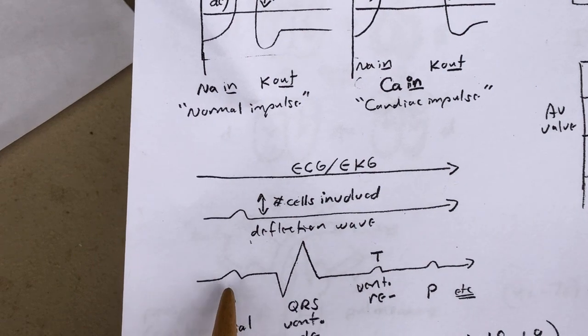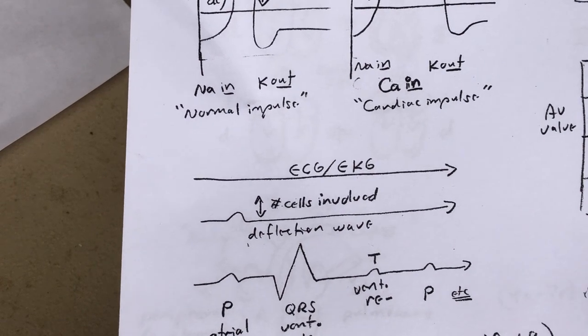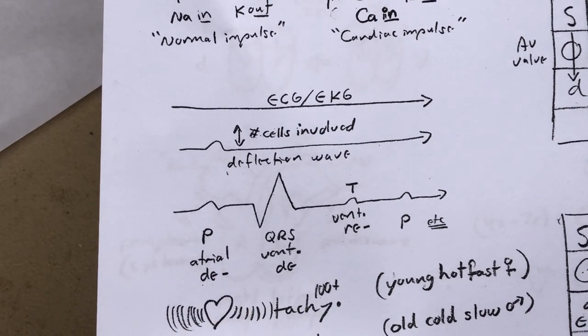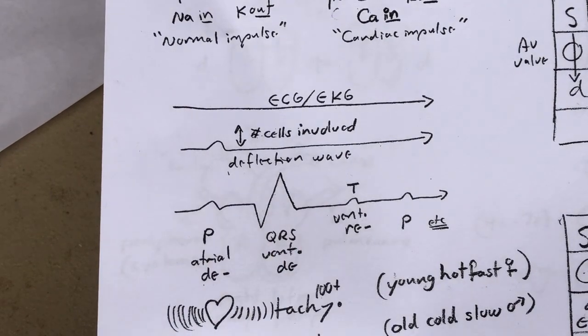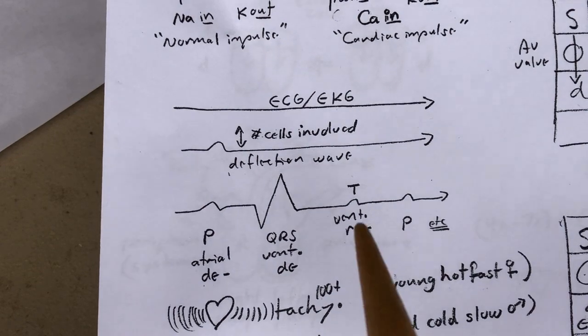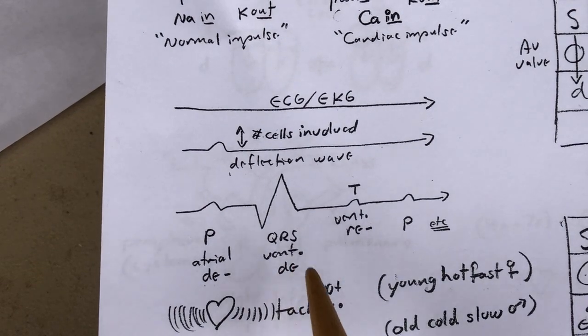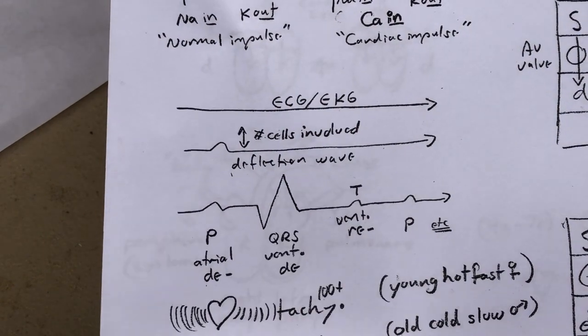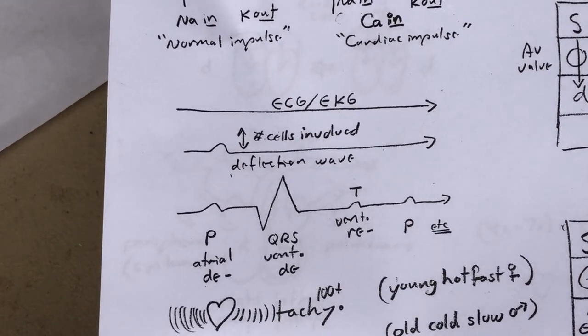So a small deflection wave would represent a relatively small amount of cells being involved, as in atrial depolarization. A larger deflection wave would represent a larger number of cells, as the QRS represents ventricular depolarization. Now, this, of course, should have been way bigger if I was drawing this thing to scale.